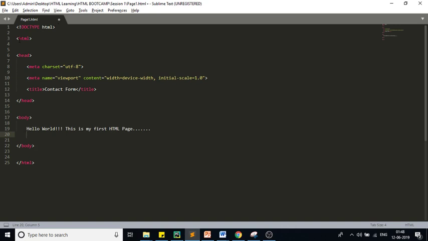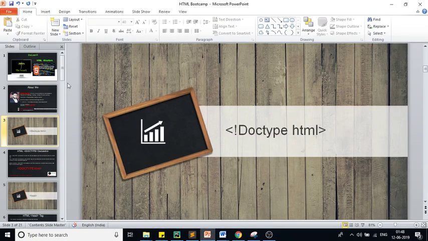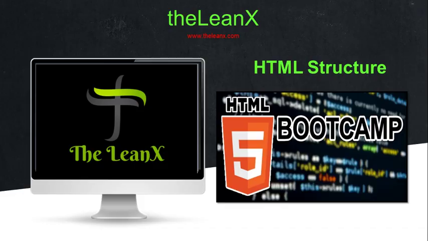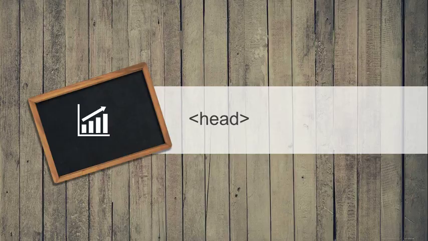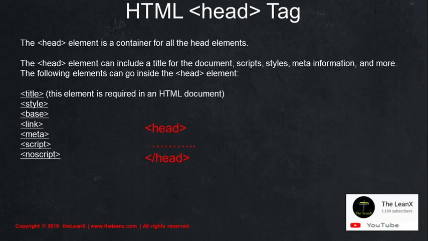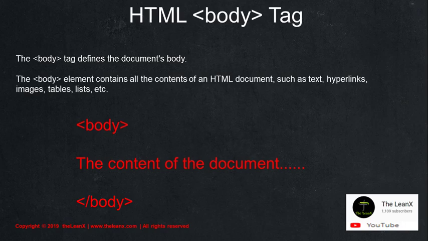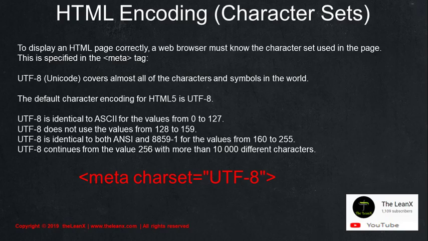Doctype, HTML, head and body. Again, I have created a normal presentation. So this is the doctype, which we have seen. We have also seen why it's used. We have seen the header section. We have seen the body section. We have seen HTML encoding and why we are using it.